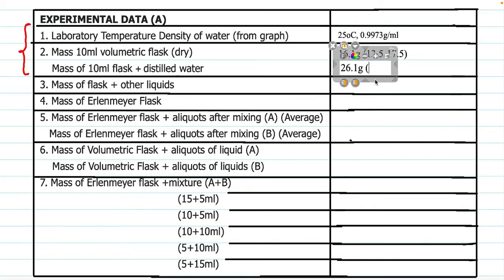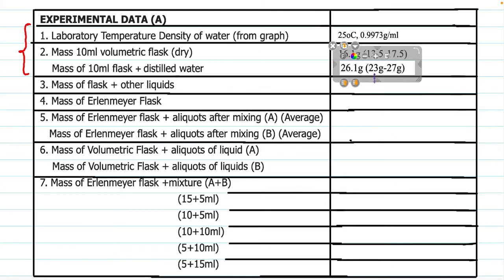If your value is within the range of 23 grams to 27 grams, I think you're good to go, because like I said, it's a practical, so most of the time there tend to be errors, right?